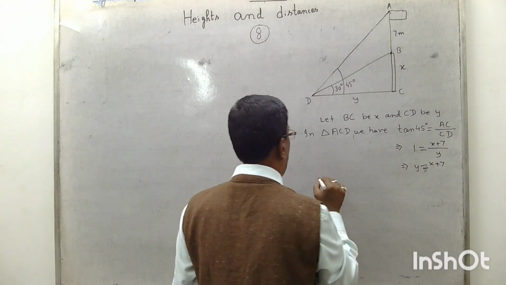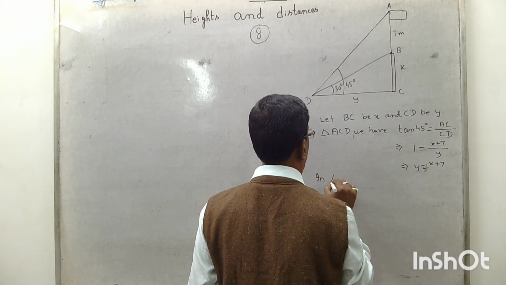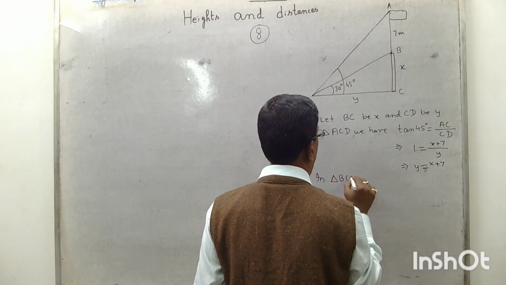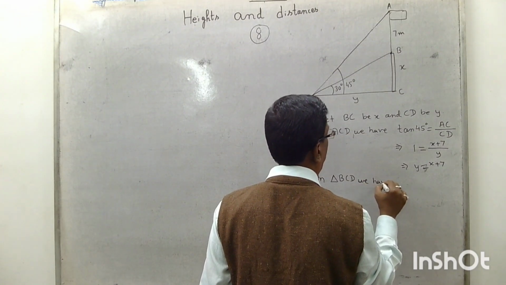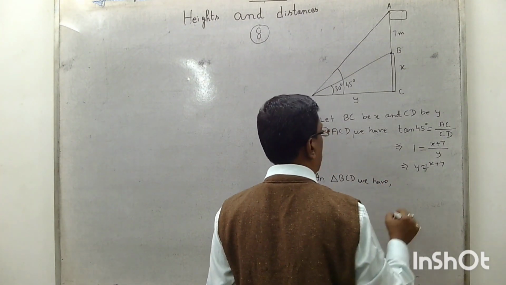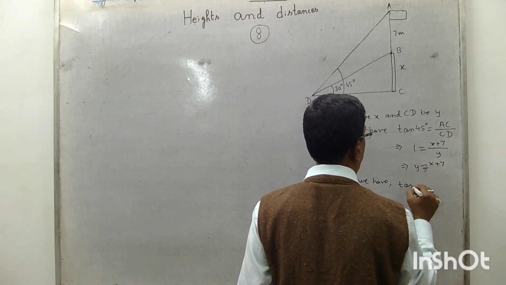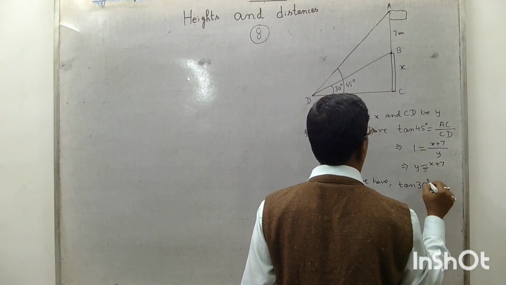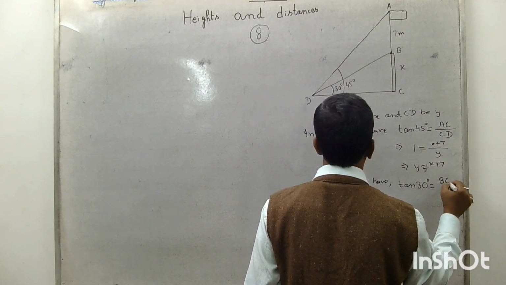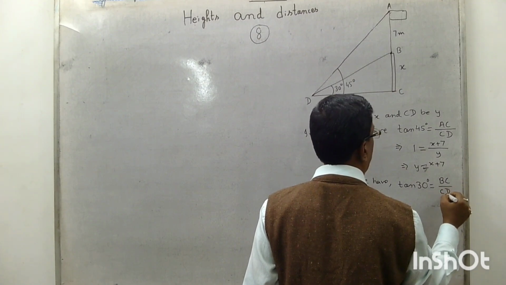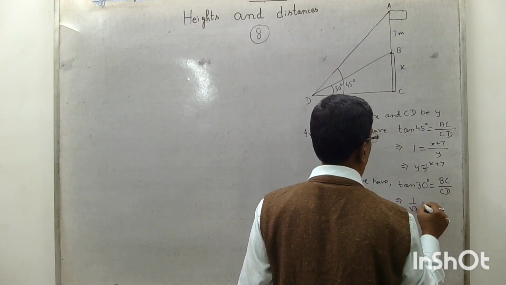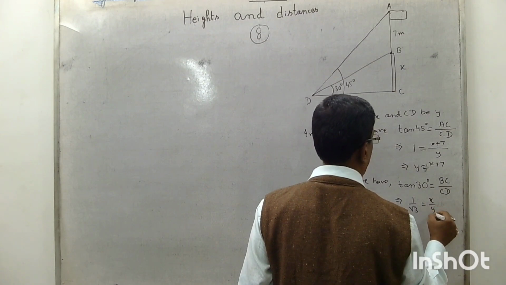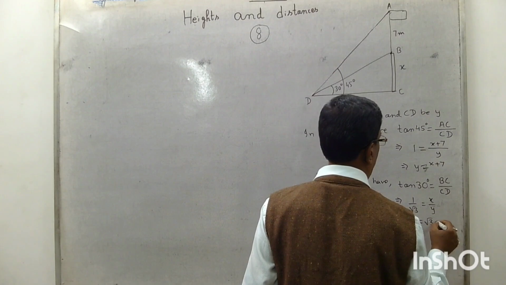Now in triangle BCD, we have tan 30. Tan 30 equal to BC by CD. That means 1 by root 3 equals to x by y. So y equals to root 3 x.